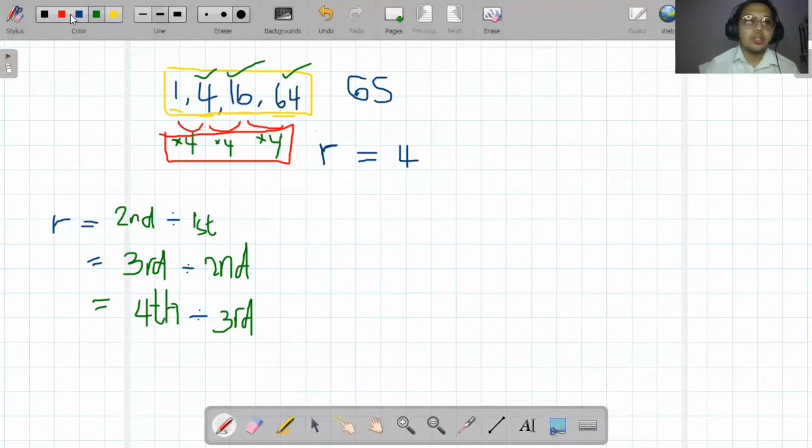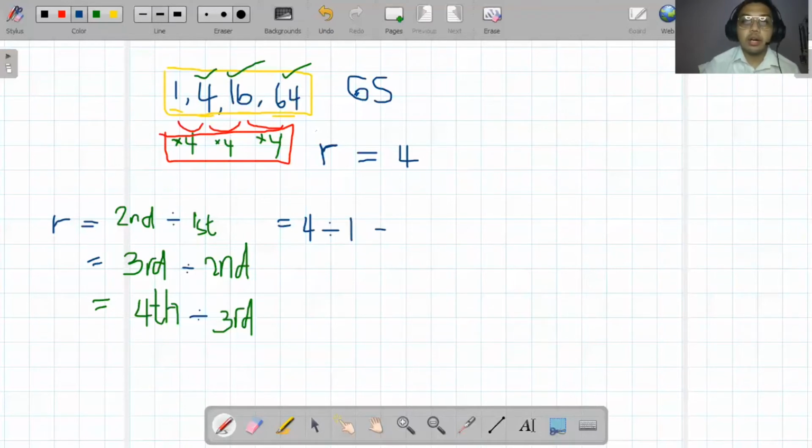So kung ato ng sulbon, atong tan-awon, second divided by first. So sa atuan diring example, ang second term kay pila man ang second term? Second term is 4. Dayon, divided by our first term in our example is 1. Okay?